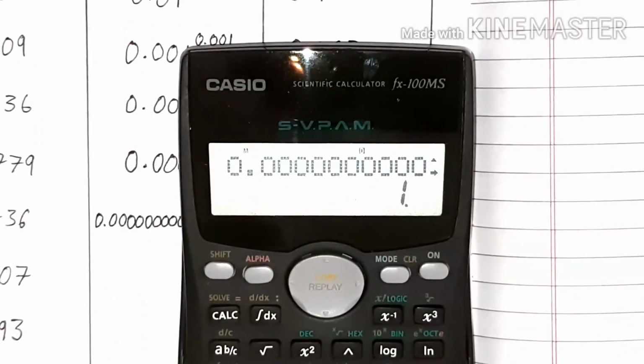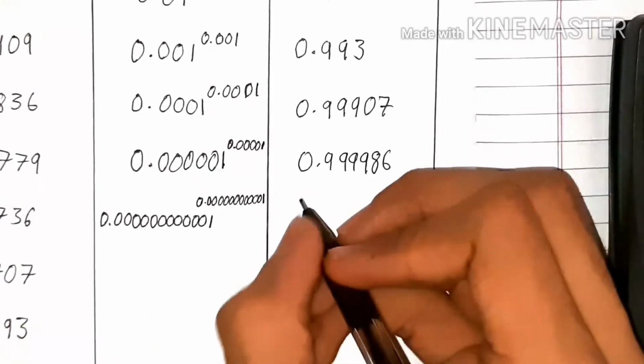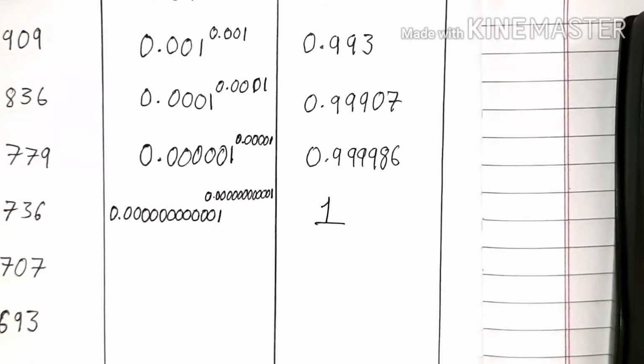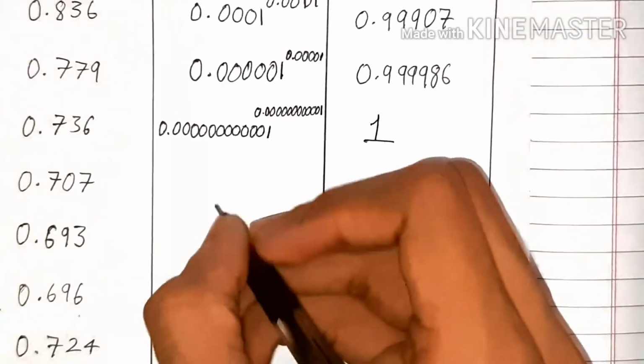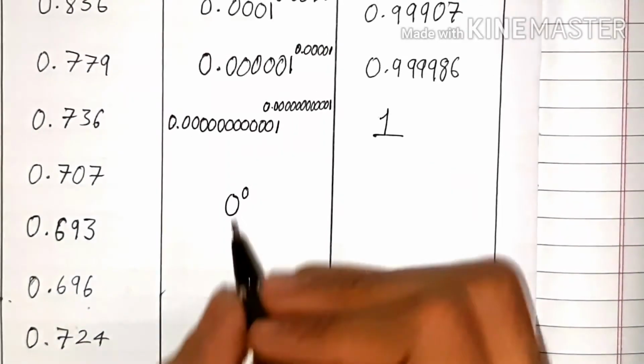This is quite tough while doing it, but as you can see, we finally got the answer as 1. So, after going so far, we get the answer as 1. That means the most appropriate answer for 0 raised to 0 is 1.